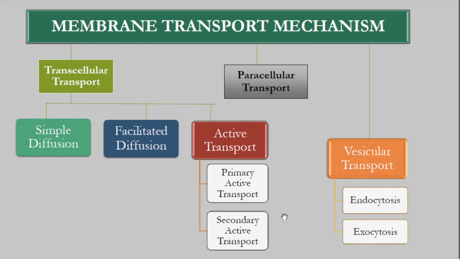Under the membrane transport mechanisms, we have three different types. The first one is transcellular transport, the second one is paracellular transport, and the third one is vesicular transport. Transcellular transport is defined as the passage of the drug or molecules across the GI epithelial cell.